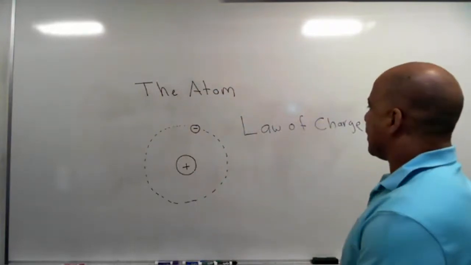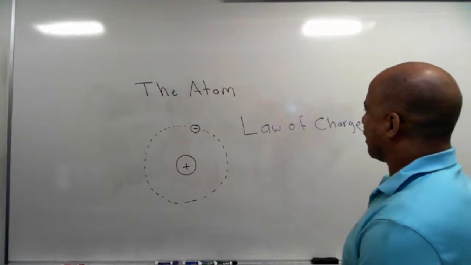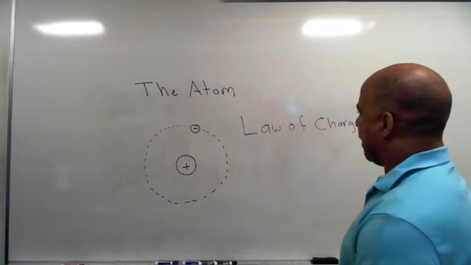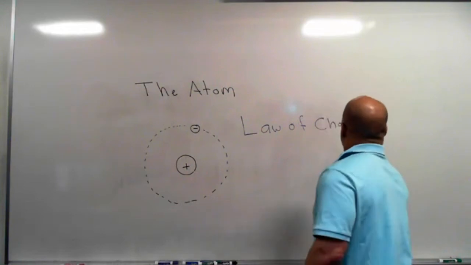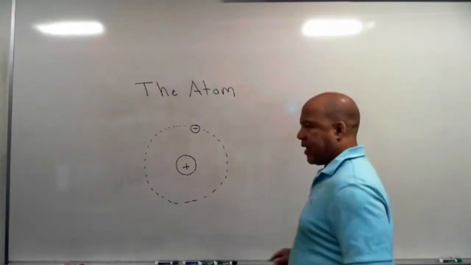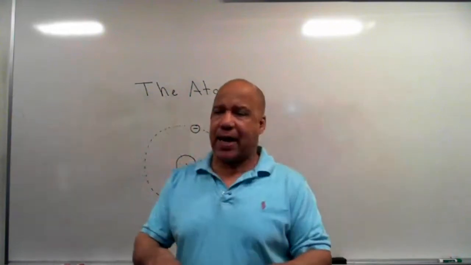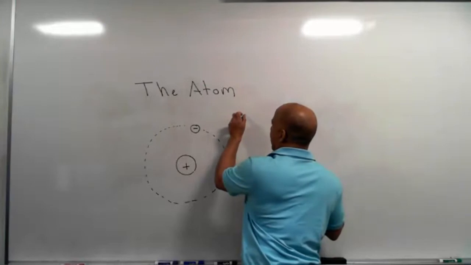Now, let's continue to talk about this atom. Something else here we can think about. I'm going to draw a square around the atom. This region right here I'm going to make green.